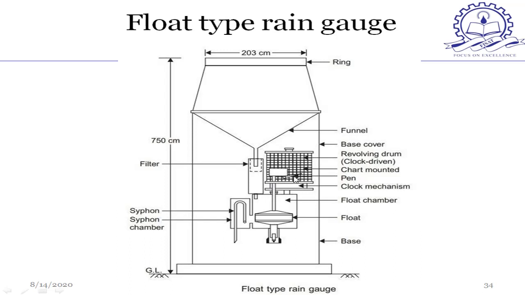That float is connected to a pen, and that pen is connected to a graduated sheet which is placed over a revolving drum. The movement of the float is plotted using the pen on this sheet, which represents the rainfall data with respect to time. When this float chamber completely fills, it is emptied using siphonic action.